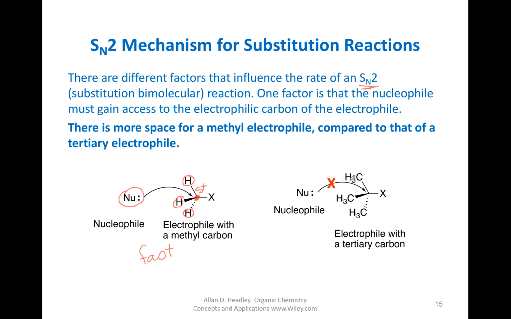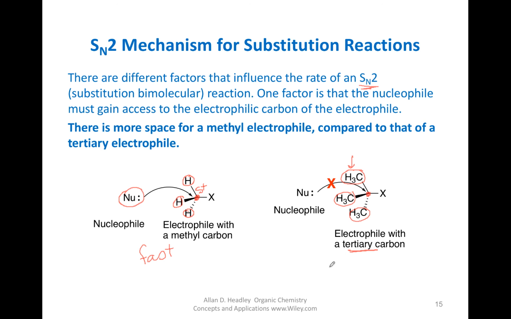Let's look at the opposite. If the groups that are bonded to the electrophilic carbon are alkyl groups, such as a methyl group, another methyl group, and a third methyl group, making it a tertiary carbon. Remember that methyl groups are much larger than hydrogens.